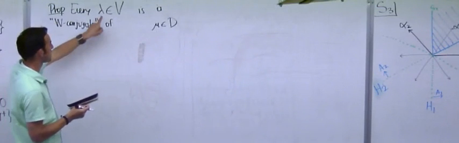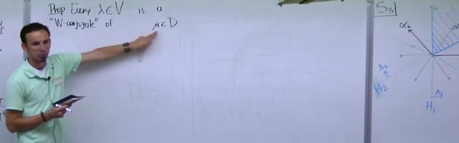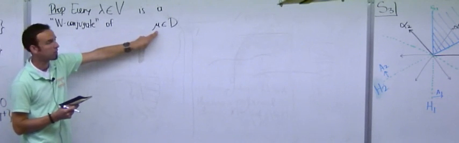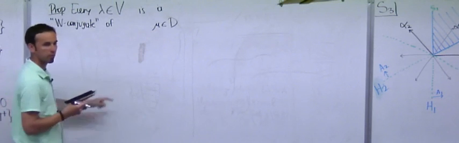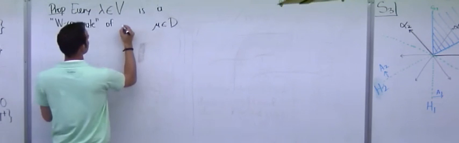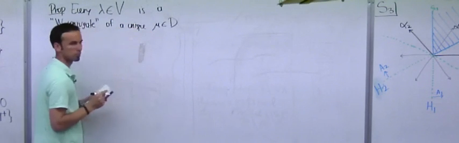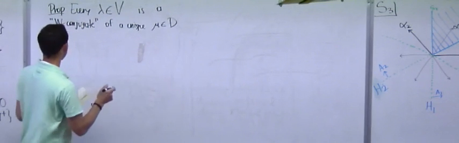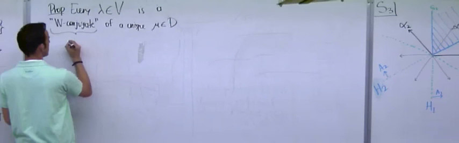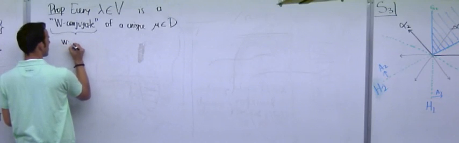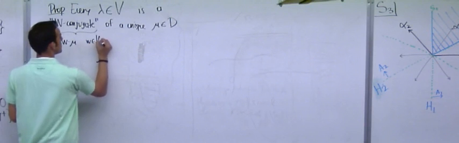I'm basically saying that any point lambda is an image of a real point mu in what is called the fundamental domain D. And actually this mu is unique. So again, by W conjugate I just mean that it can be written as W times mu for some group element W.